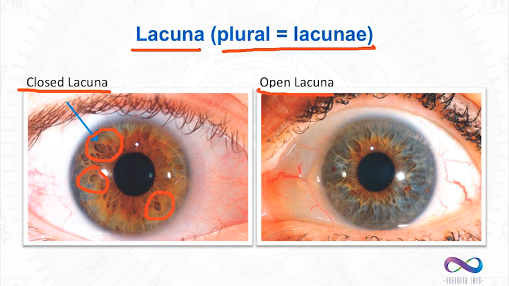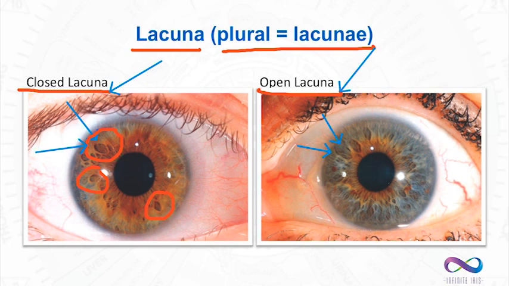Open lacunae are lacunae or holes in the fabric of the iris that have a border around three sides. And those can be open on one end or both ends. So the difference between a closed lacuna and an open lacuna is that a closed lacuna cannot get toxins out or nutrients in as well as an open lacuna that is open on one side.